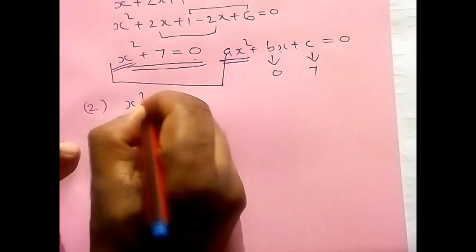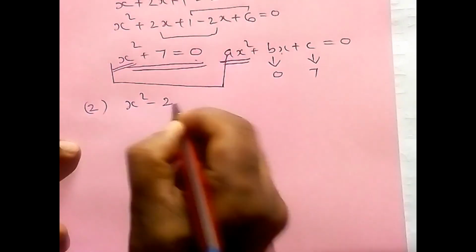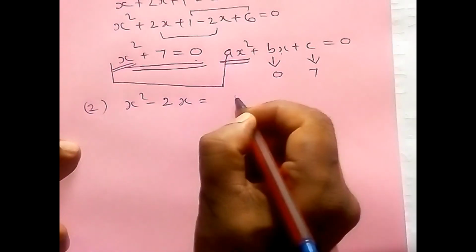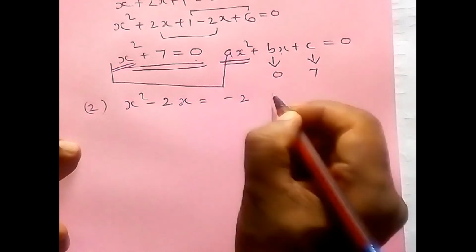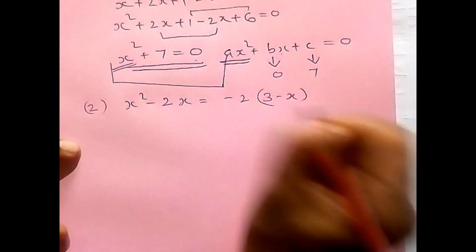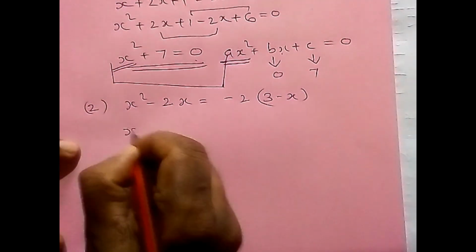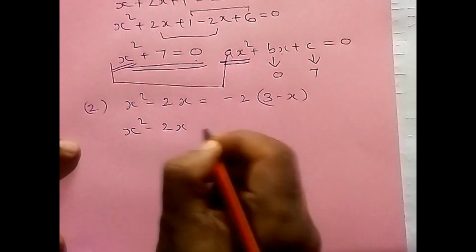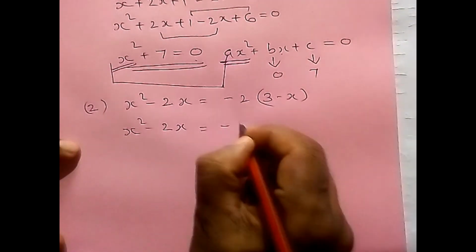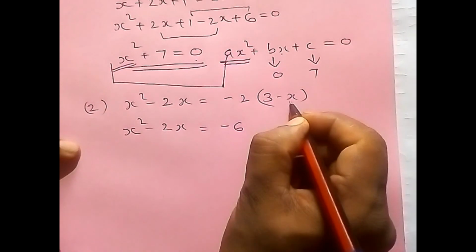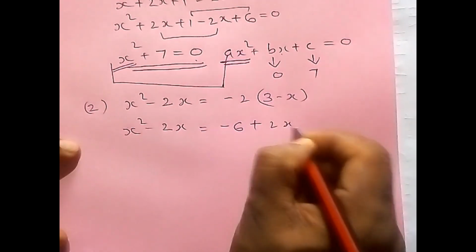Second: x square minus 2x equal to minus 2 into 3 minus x. x square minus 2x equal to minus 2 into 3, minus 6, minus 2 into minus x, plus 2x.